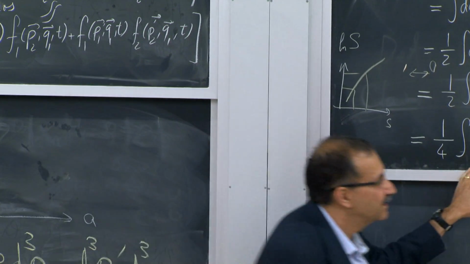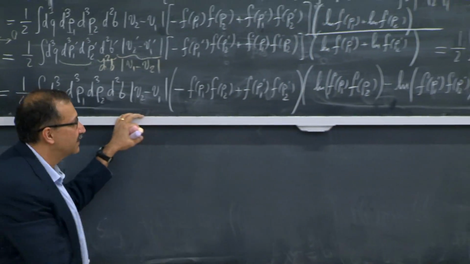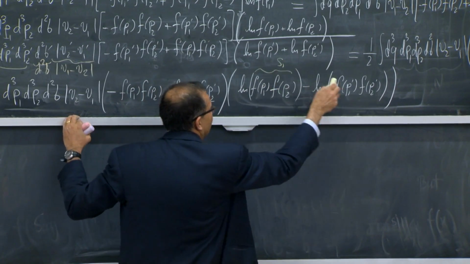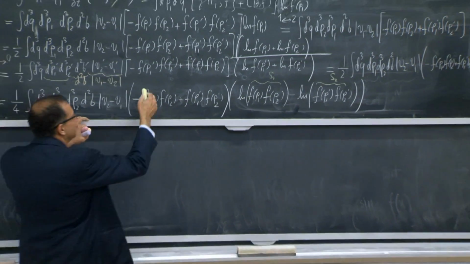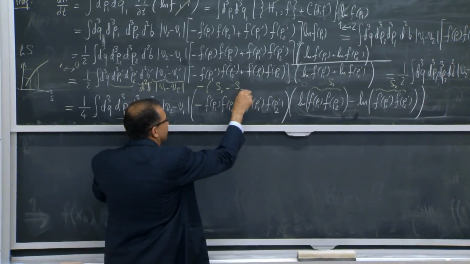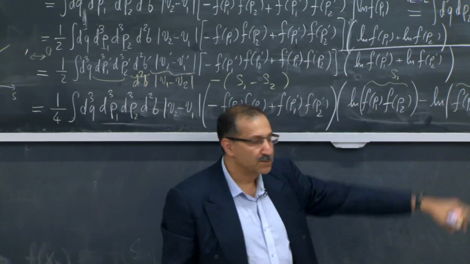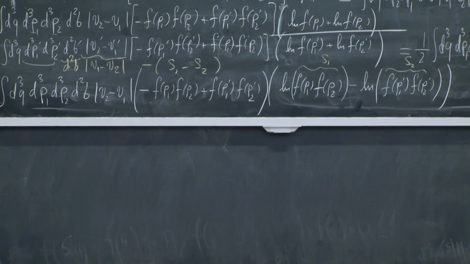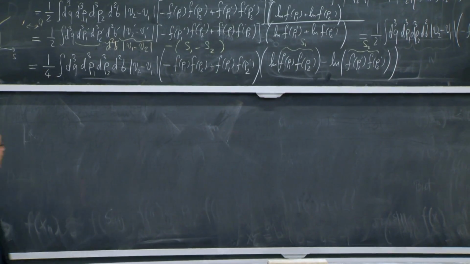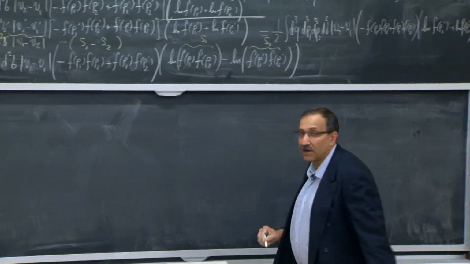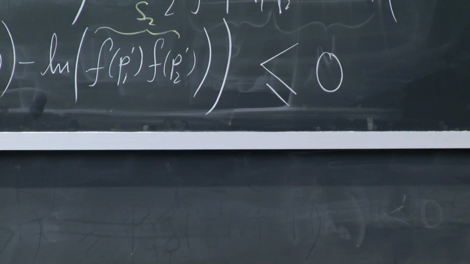Which means that here you have the difference of two logs. This is like log of S1 minus log of S2, and it is multiplied with minus S1 minus S2. So if S1 is greater than S2, log S1 would be greater than log S2. If S1 is less than S2, log S1 would be less than log S2. In either case, the product of the two brackets is negative, and this whole thing has to be negative.